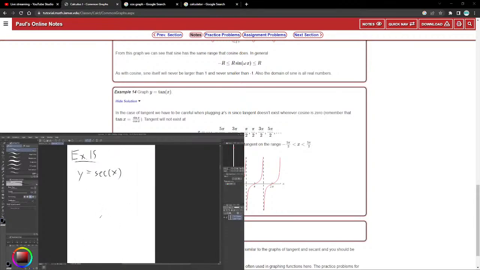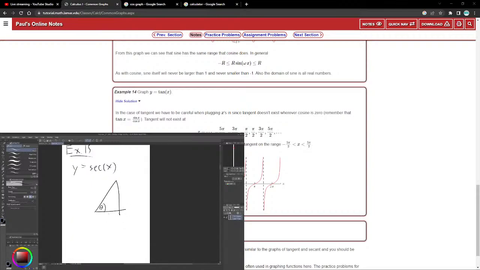So we got triangle, theta, x, y, r. Or wait, 1. Secant would be, if cosine is adjacent over hypotenuse, secant is hypotenuse over adjacent.